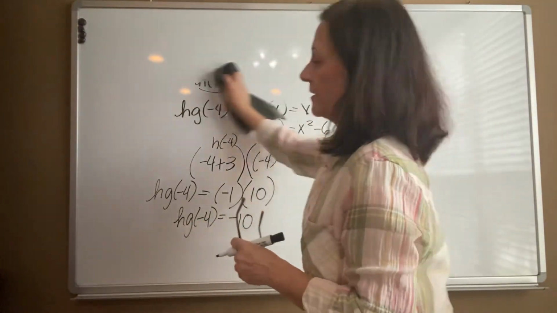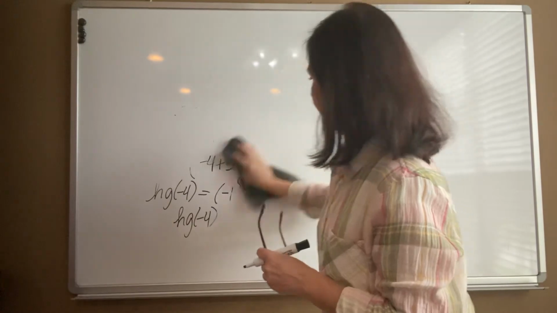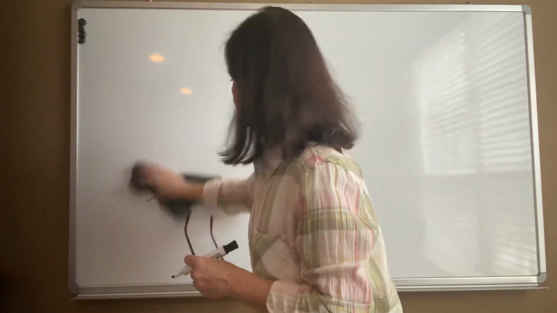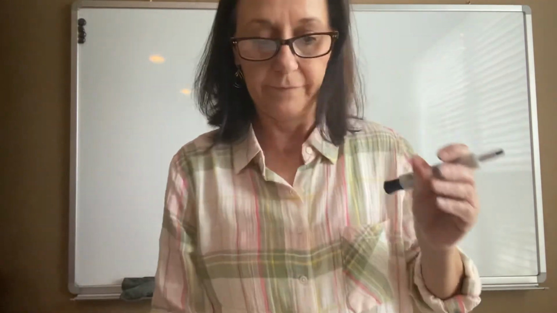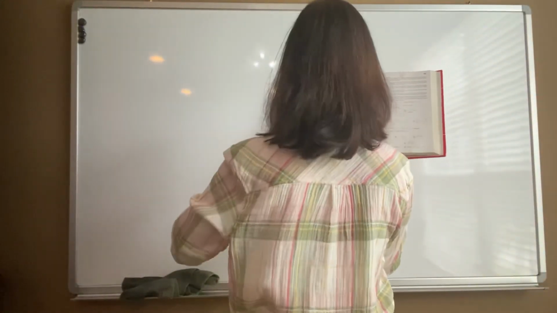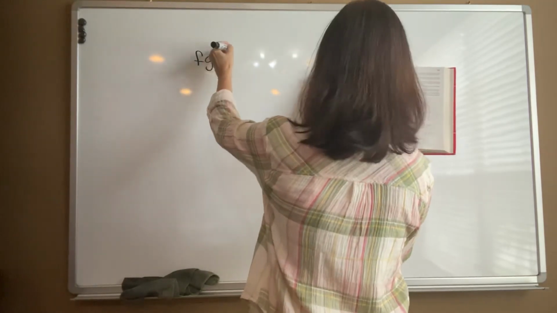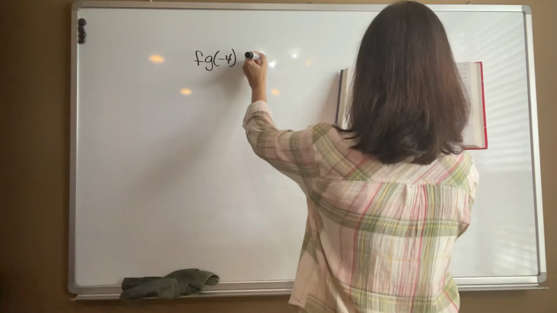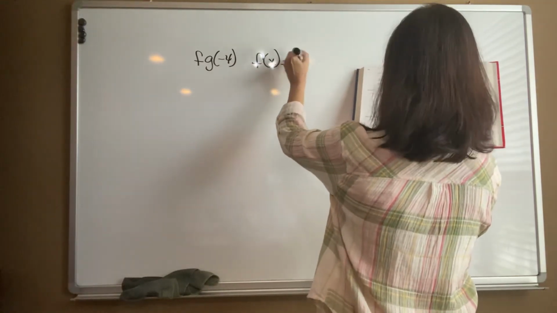All right, let's do the last example. It's example 4, and we still have a negative number. It's f times g of negative 4, where f of x equals x plus 3.